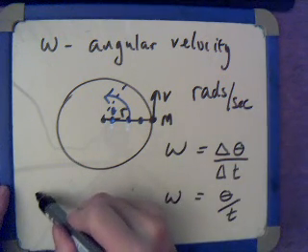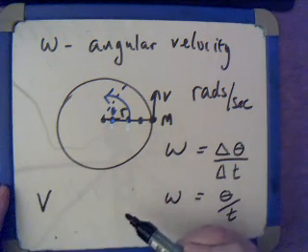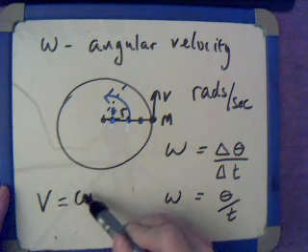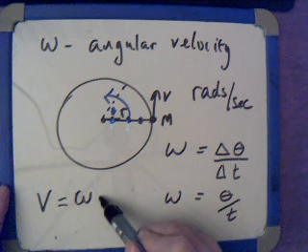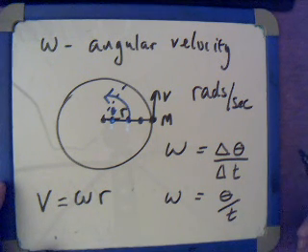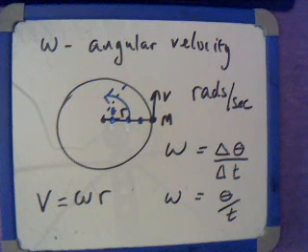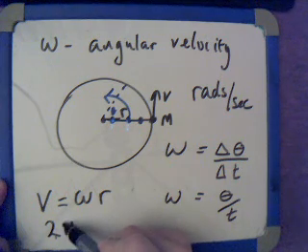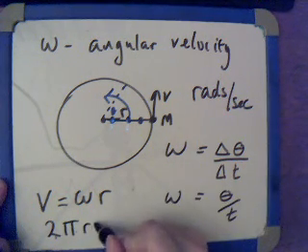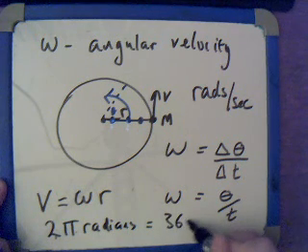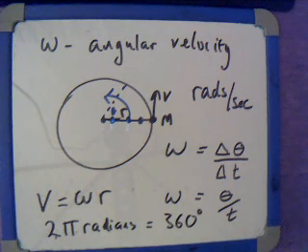And in fact, the linear velocity v is equal to the angular velocity omega multiplied by the radius. Okay, and a little bit more about radians, and of course there are 2 pi radians in a circle, which is equal to 360 degrees.